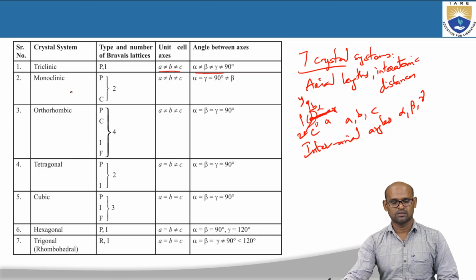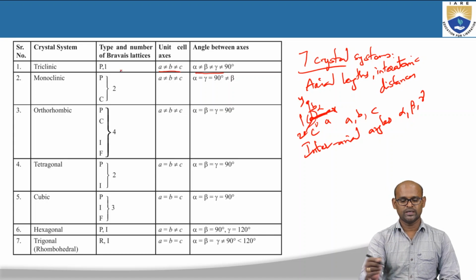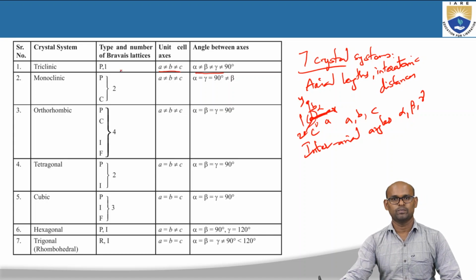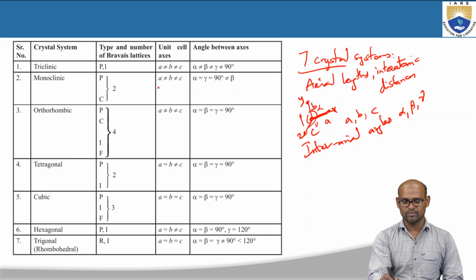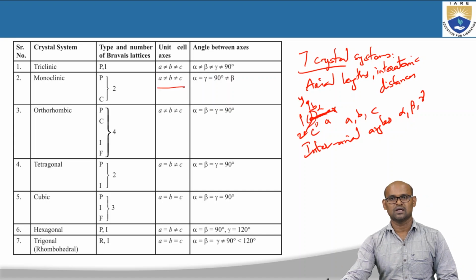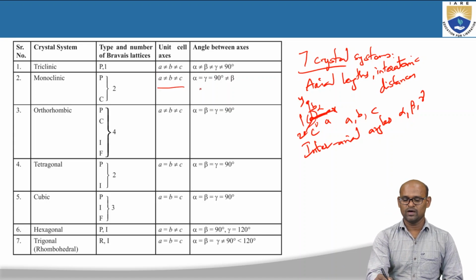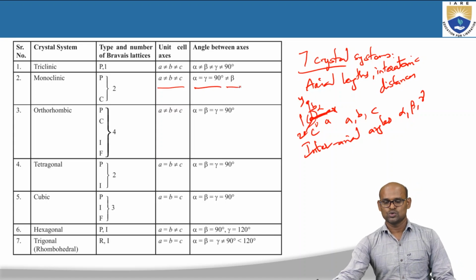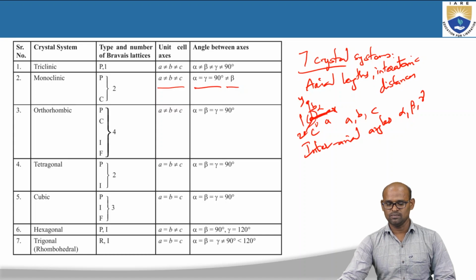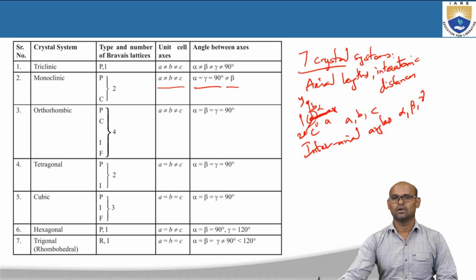The second one is the monoclinic crystal system, which has 2 different types of Bravais lattices. The relation between the axial lengths is A is not equal to B is not equal to C, but alpha is equal to gamma is equal to 90 degrees, not equal to beta. So the axial lengths are not equal, but two angles are 90 degrees.